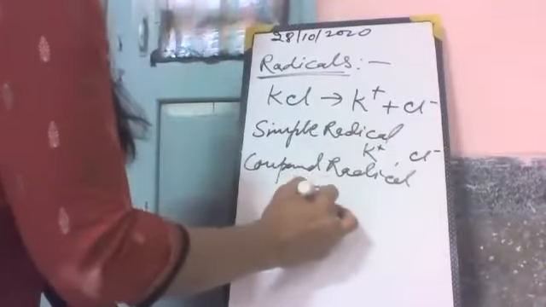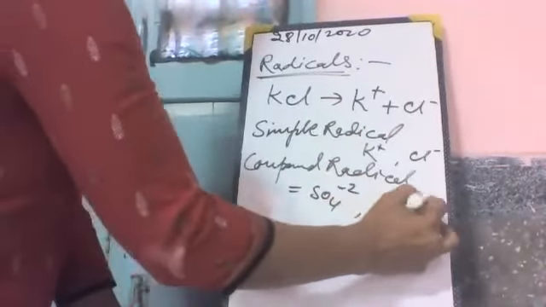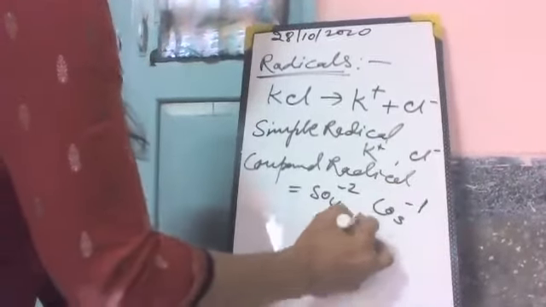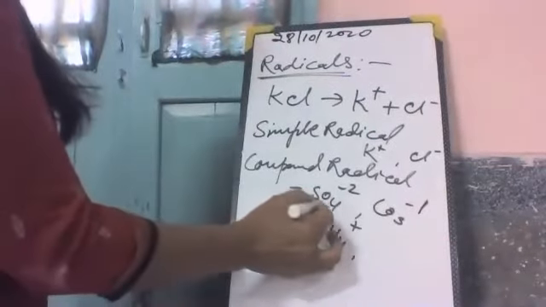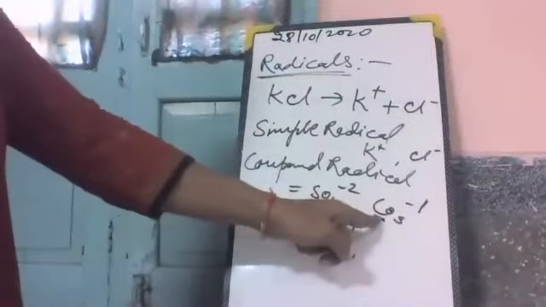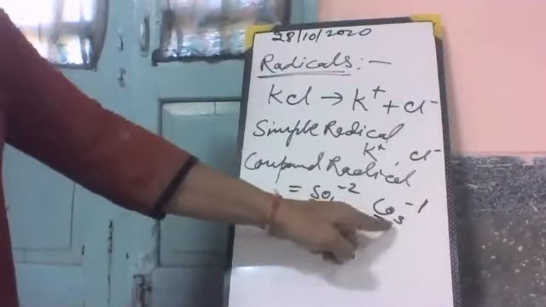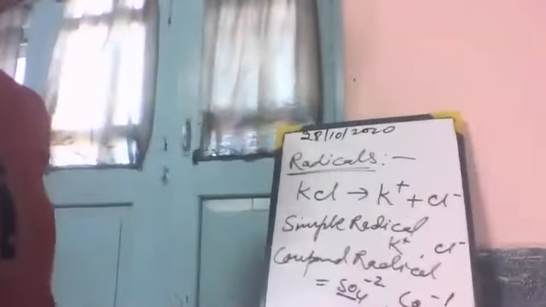But compound radicals are sulfate -2, carbonate -1, ammonium +1. These are compound radicals because there is more than one element in the radical: sulfur and oxygen, carbon and oxygen, nitrogen and hydrogen. Due to this, they are known as compound radicals.